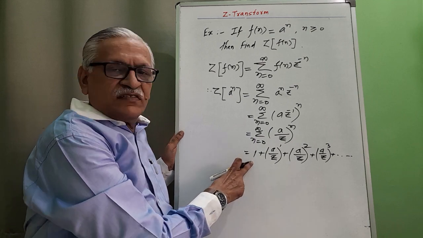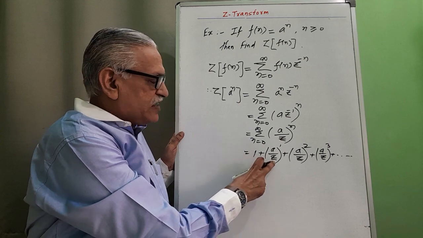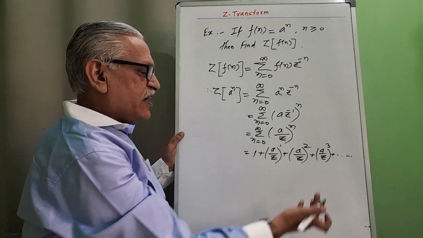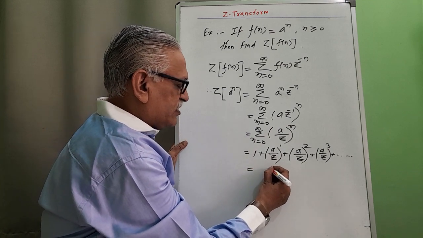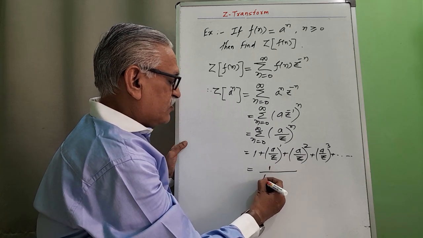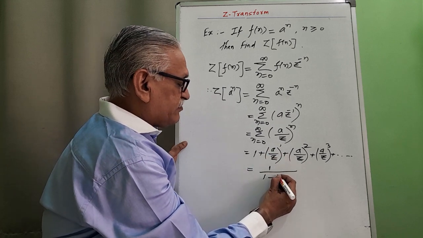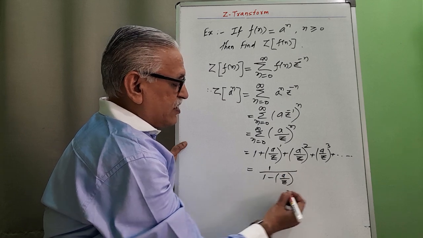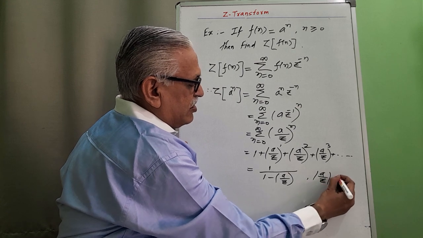This is similar to the previous result: 1 plus capital X plus x square plus x cube, and so on. That sum, using the binomial theorem expansion, is 1 upon 1 minus capital X, and that capital X is here a by z, with the condition mod of a by z less than 1.